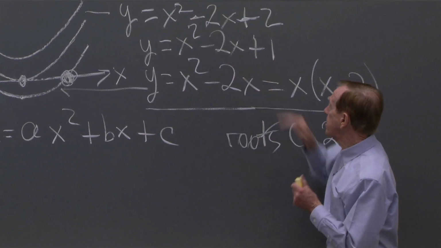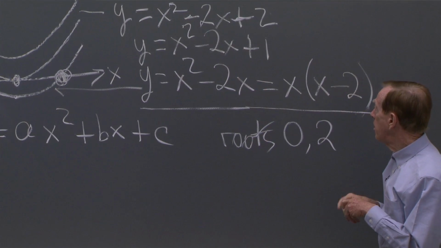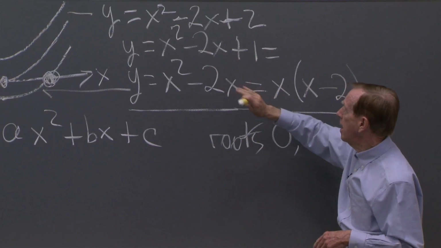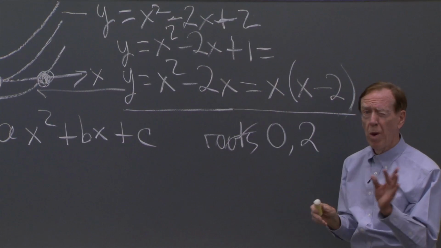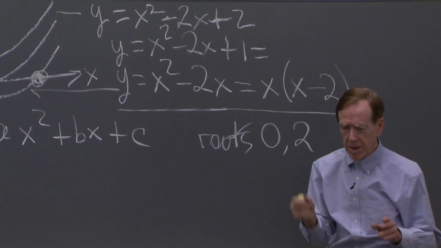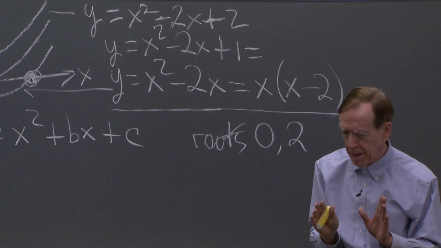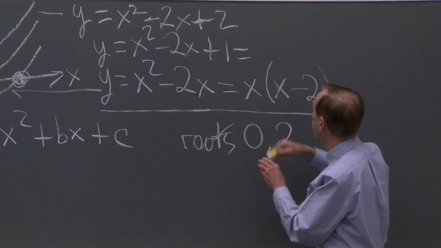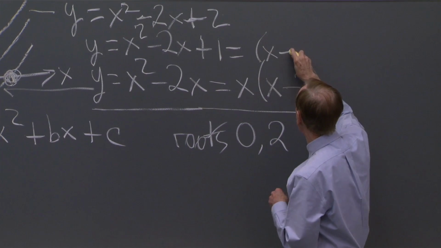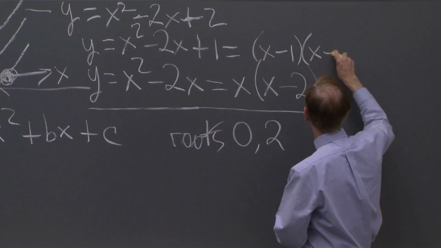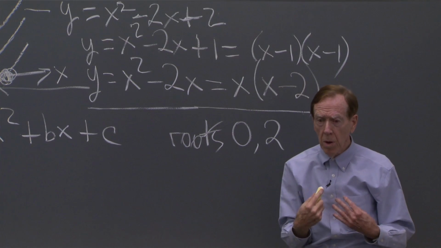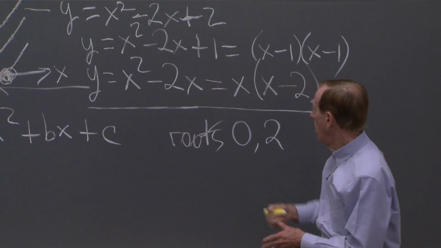Well, shall I try the same thing of factoring? Shall I factor this guy? So I see x squared minus 2x plus 1. Maybe that might jump to mind as it's something times itself. That's a very special one to factor. That's x minus 1 times x minus 1. What I would call a double root.